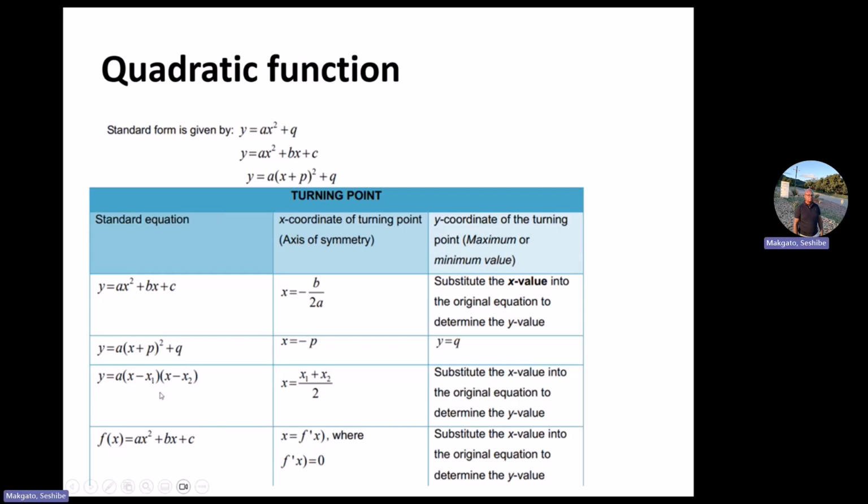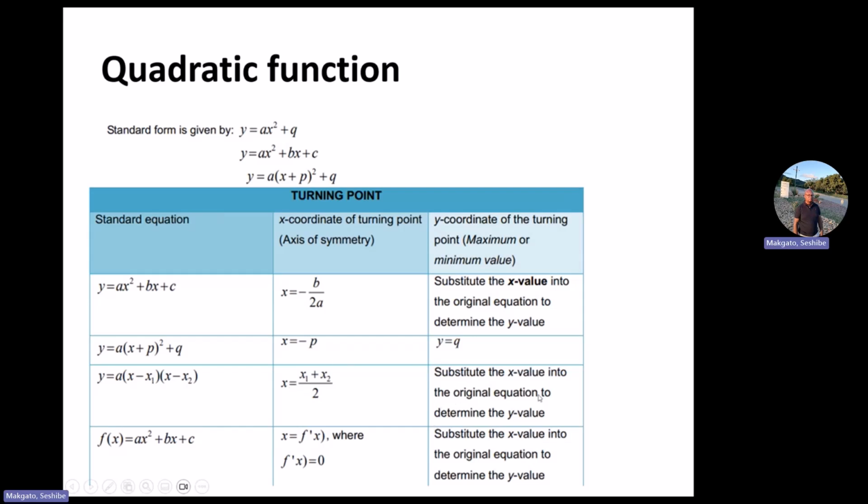So similarly, if you look at another equation, this one, your x turning points will be x1, x2. Basically these are the factors of that particular quadratic equation. Because we look at x1 and x2 over 2, it means the two factors of that quadratic equation, over 2, will give you the x-intercept or the x turning points.